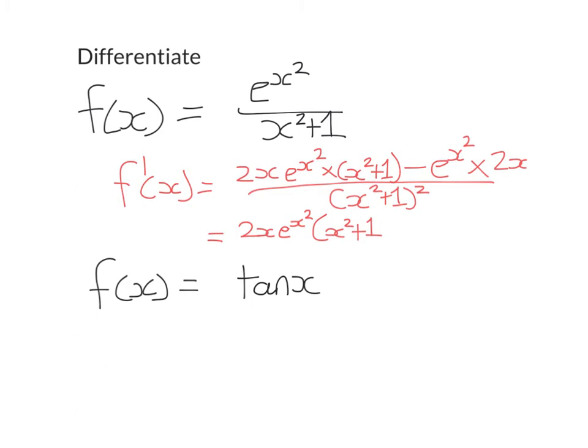Well, you can see it's already 2x e to the x squared. So I just need to multiply by minus 1. And of course, x squared plus 1 minus 1, I can just rub that out. It'll just be x squared. And then I'm going to keep the thing on the bottom, which is x squared plus 1, all squared. Okay, and of course, 2x times x squared just equals 2x cubed. So I'll just put a cubed here and rub out the x squared.